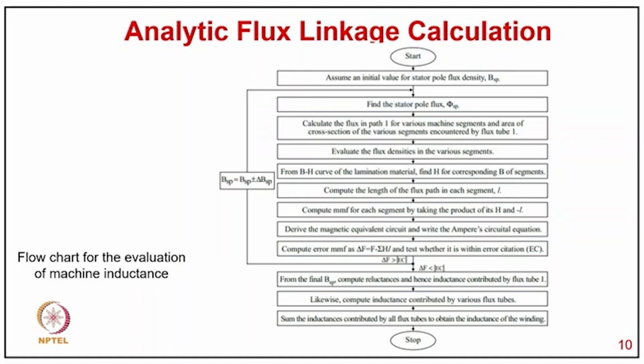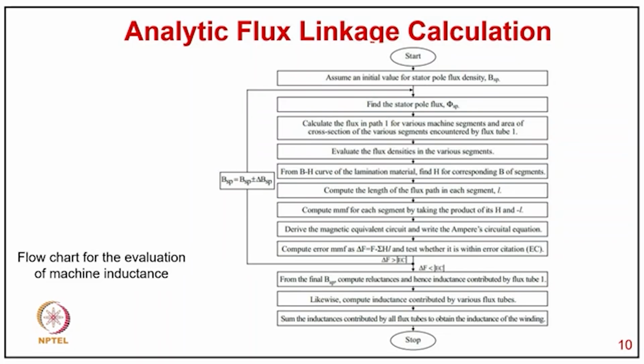Starting, we assume an initial value of the stator pole flux density B_ap, and then find the stator flux per pole, phi_sp. Calculate the flux in path 1 for the various machine segments and the area of cross section of the various segments encountered by flux tube 1, then evaluate the flux density in the various segments.